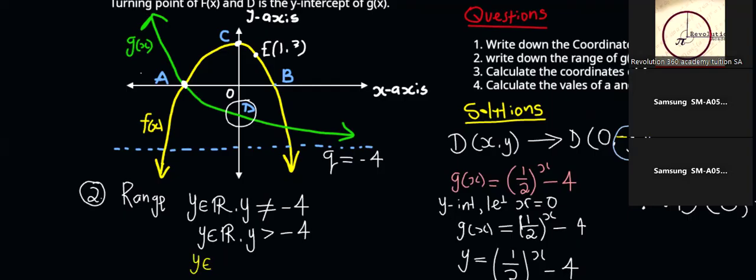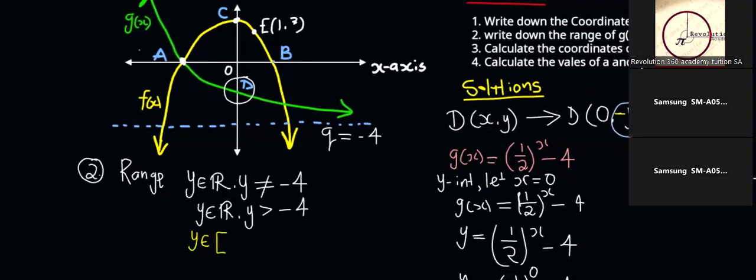So that will be negative 4, comma. This green graph goes upwards, so it is up to positive infinity. And then you write a small bracket. If it was myself, I would just write it like that.